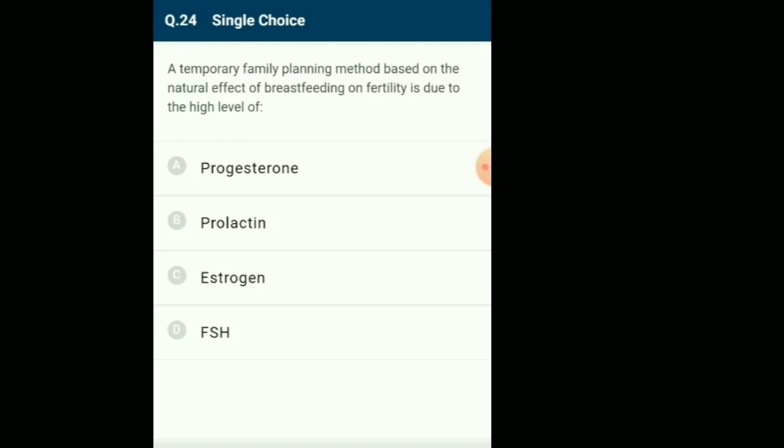Prolactin levels are normally high for pregnant women and new mothers. Estrogen also helps regulate the menstrual cycle, controlling the growth of uterine lining during the first part of the cycle, and also controls secondary sexual characters in females. Follicle stimulating hormone helps control the menstrual cycle and stimulates the growth of eggs in ovaries. So the answer for this question is option B, prolactin.